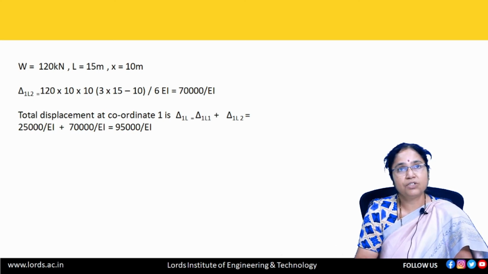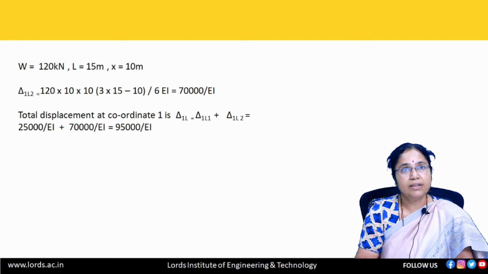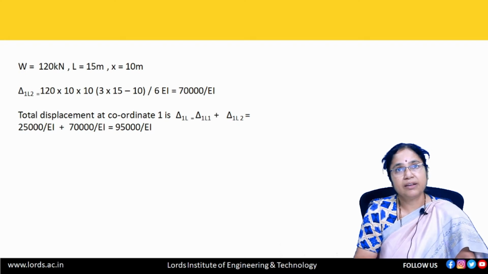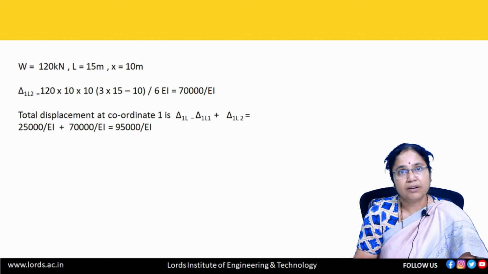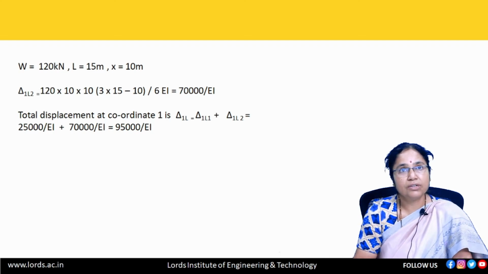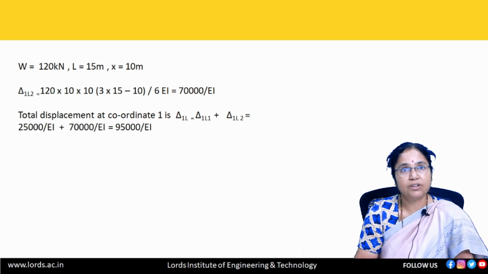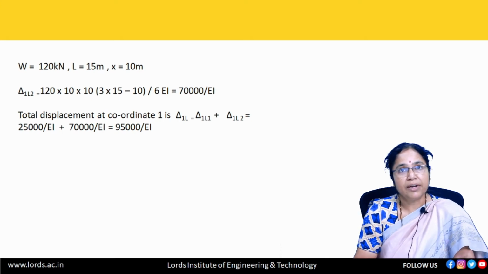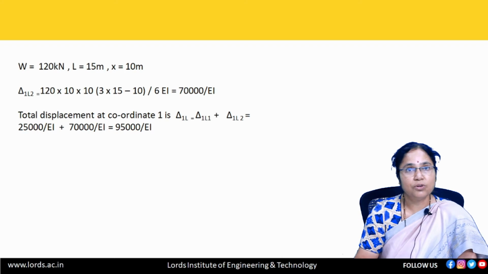Substituting all the values for W, L and x, we get delta 1L2 equal to 70000 by EI. So adding up both the displacements at coordinate 1 due to the point load of 240 kilonewtons and the point load of 120 kilonewtons, we get delta 1L equal to 95000 by EI.